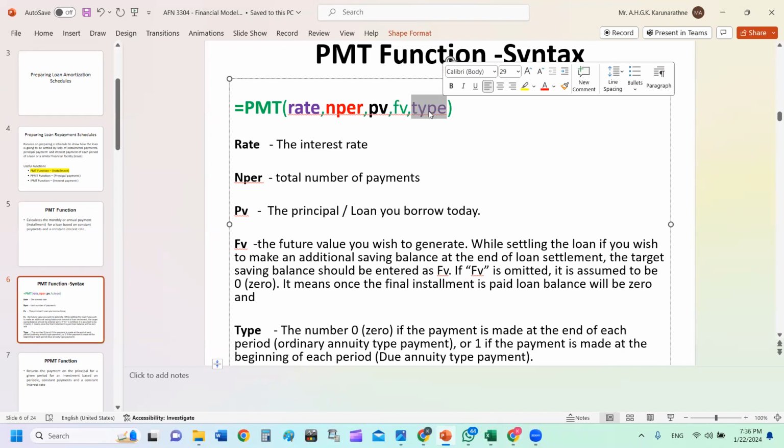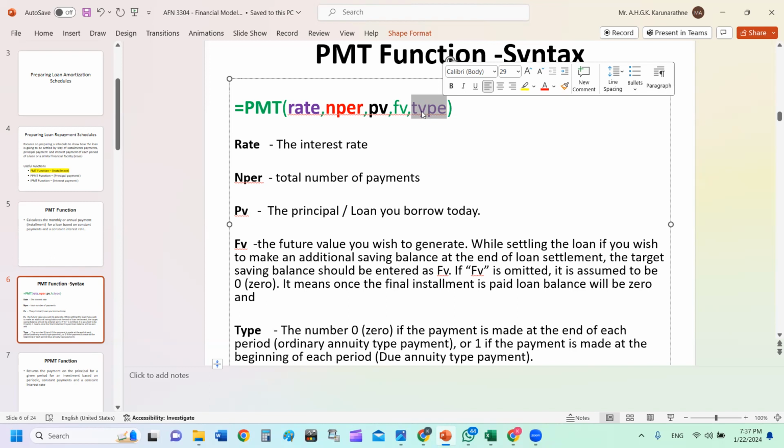If you put one, Excel identifies you are repaying the loan at the beginning of the period. But in most practical loan scenarios, you borrow a loan today from a bank, and you start repaying at the end of each month, each quarter, or each year.